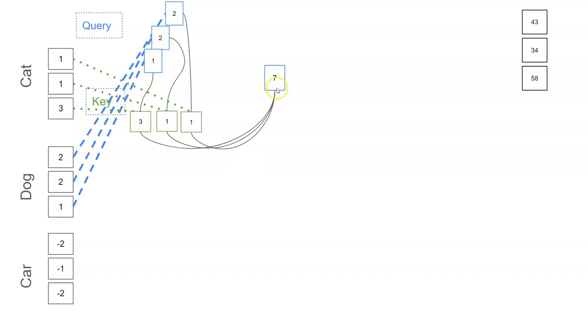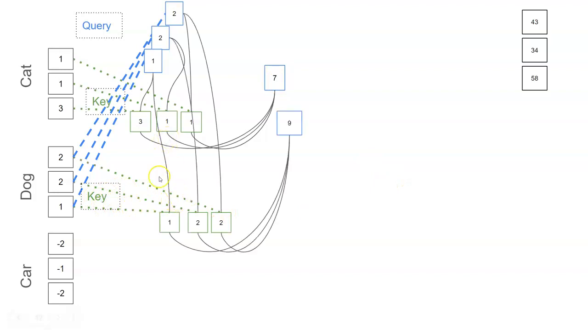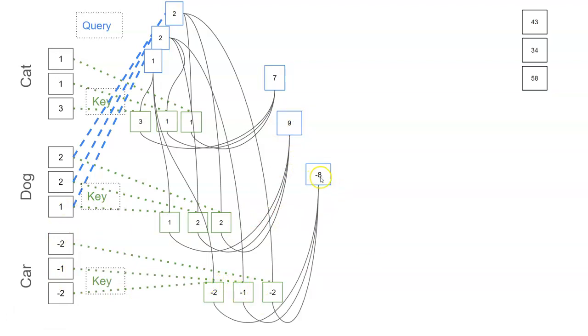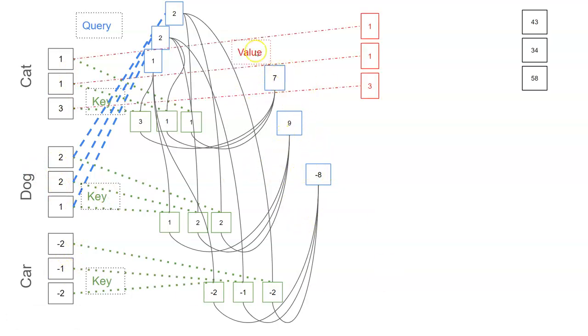And again, it's going to say 7, and it takes the key from itself and looks at itself. It's going to give it 9, and the car, which is minus 8, which is again, dog is more similar to cat and not car, which we can see here. And now again we take 7, I take the value, and we get a new vector 7, 7, 21.